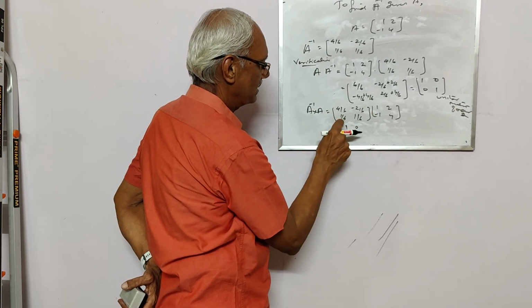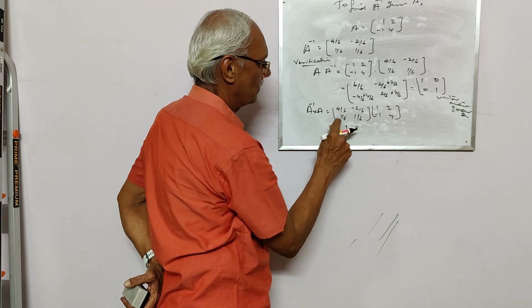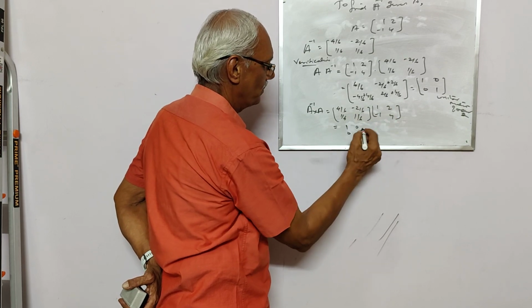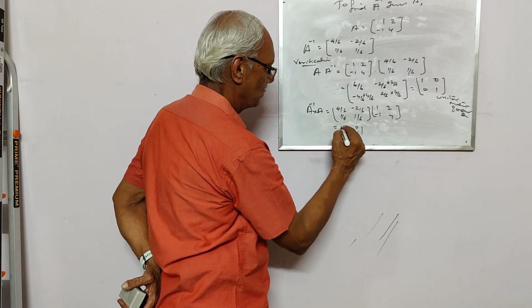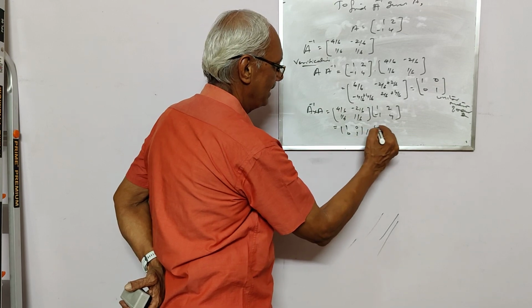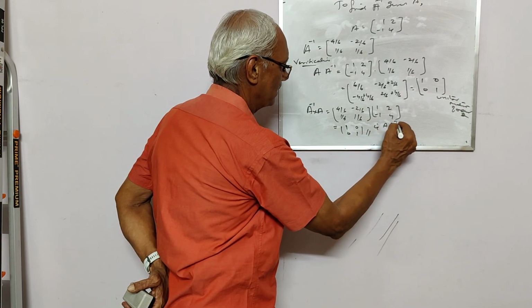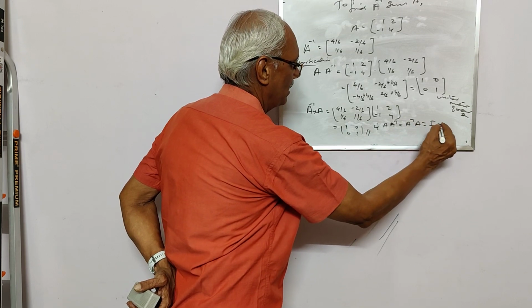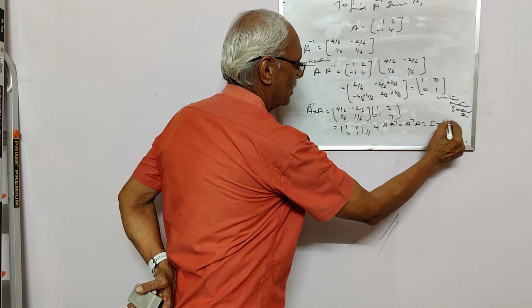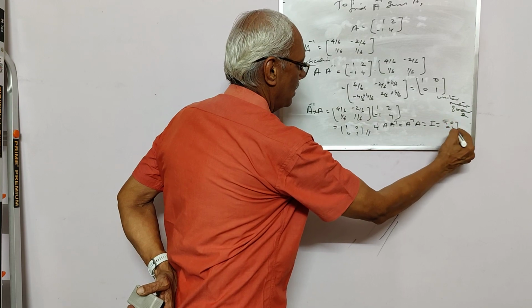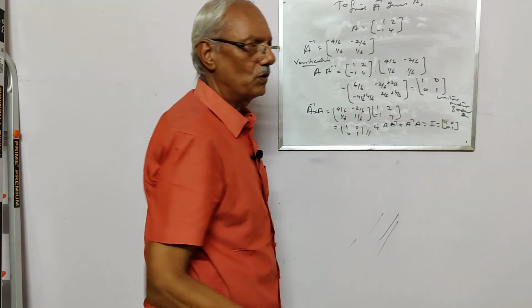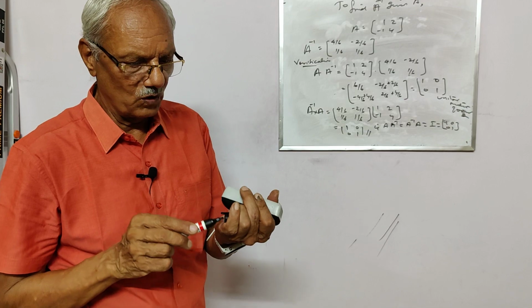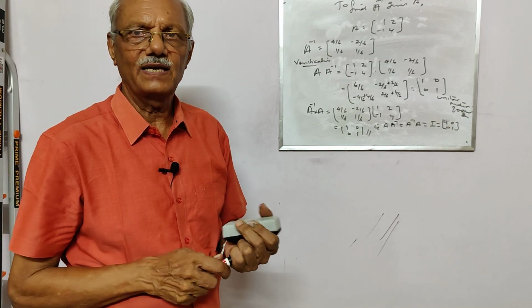This is 1 by 6 minus 1 by 6, 0. 2 by 6 plus 4 by 6, 6 by 6, that is 1. Now you see that A inverse A is equal to I. So the inverse that we have got is correct.